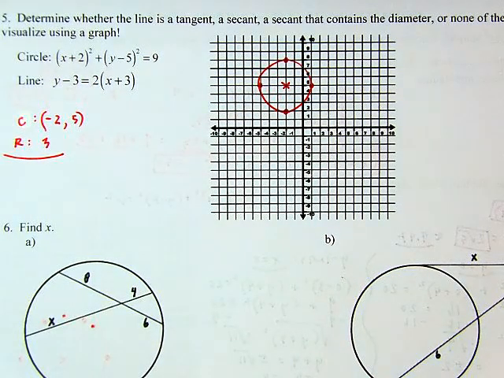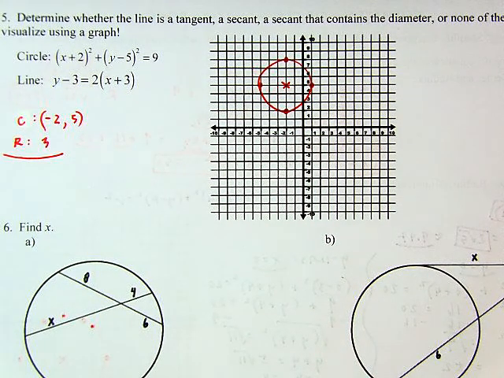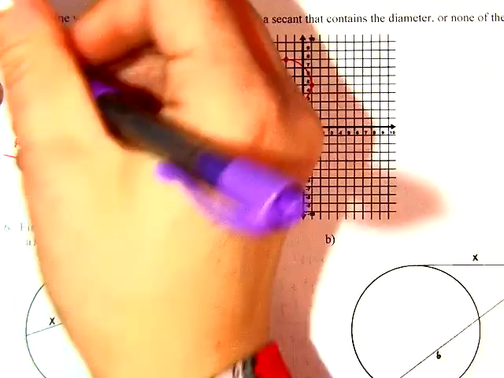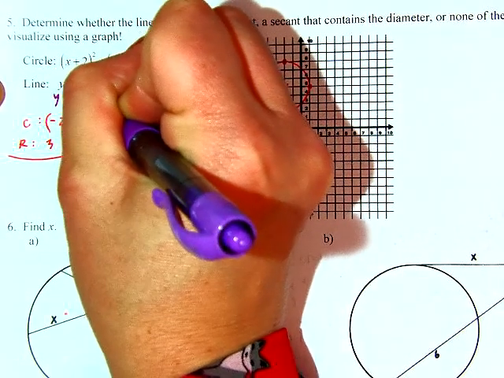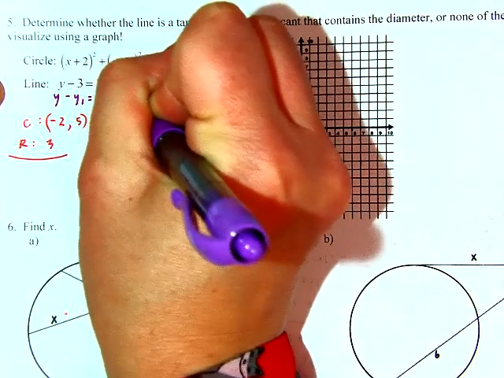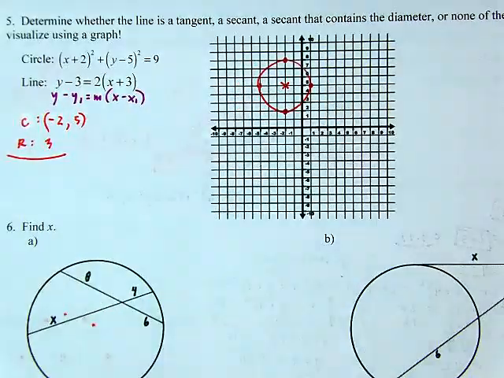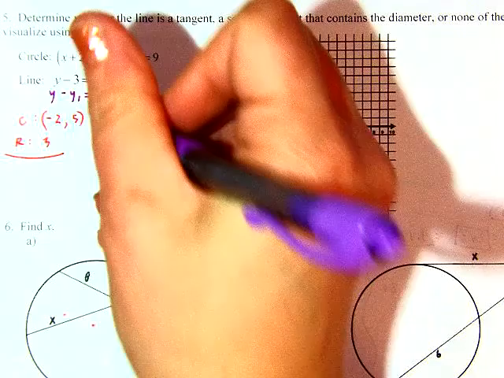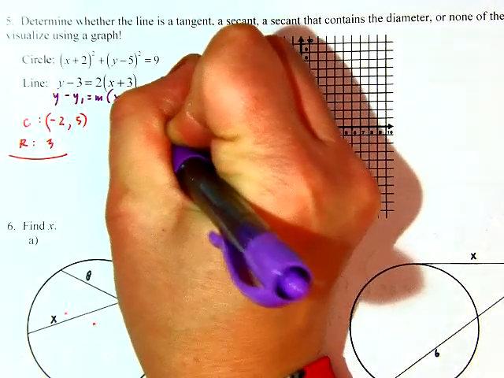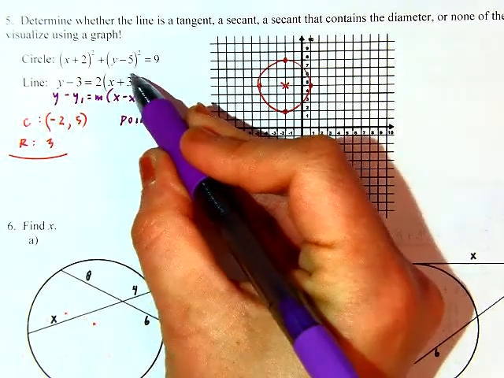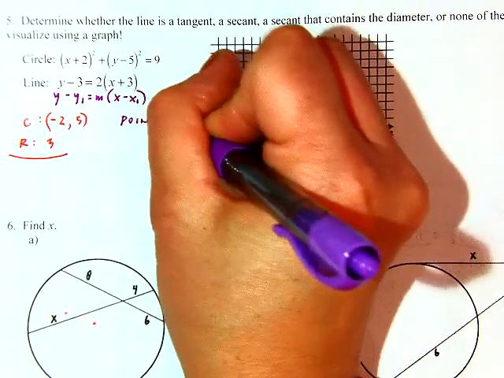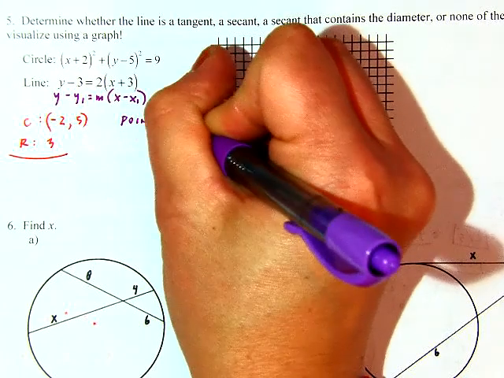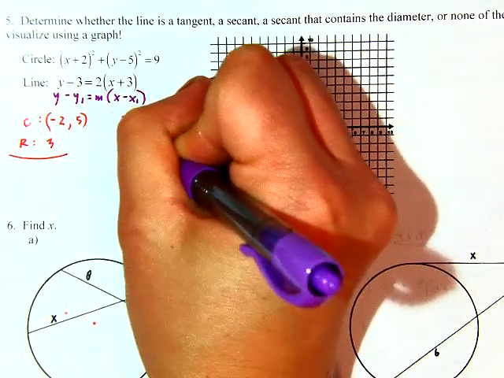Okay, my line is presented in point-slope form. So y minus y1 equals m times x minus x1. The point that it passes through, let's write it right here, would be -3, 3, with a slope of 2.